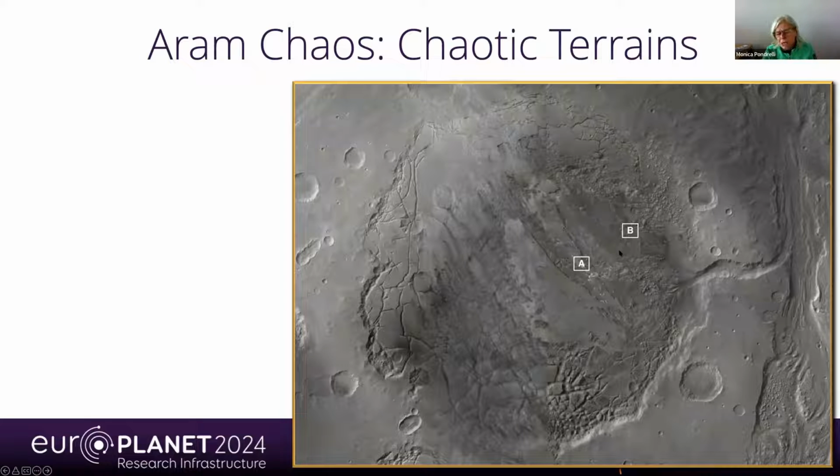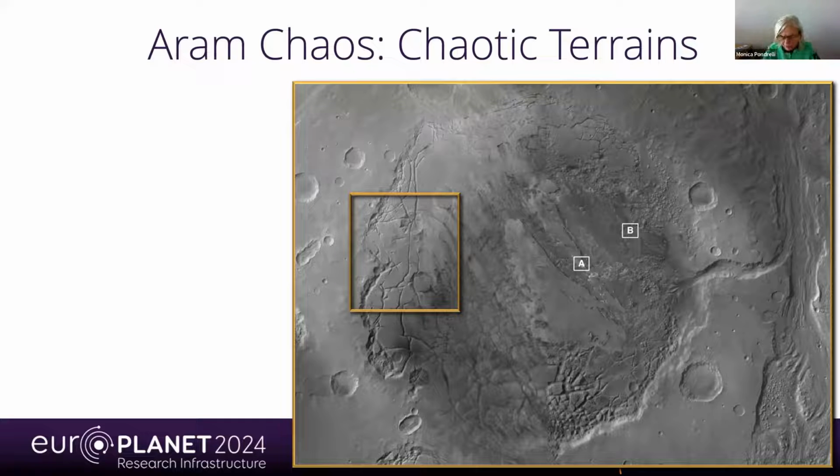We didn't have the chance to prepare reference sections for all of the units which are developed here. We just selected two areas, so I will focus also on other areas to try to infer the evolution of the whole area. Let's start from here.